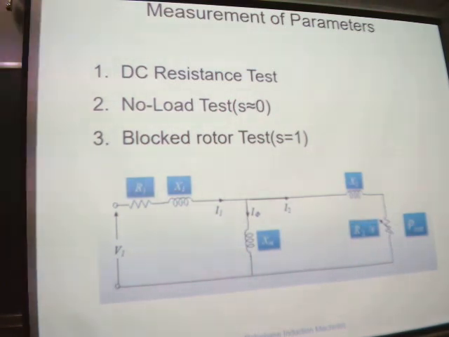So how to measure the parameters? Just three steps. One, measure the DC resistance. Second, we do the no load test, with S equal to 0. And third, the blocked load test. Just these three tests, and we can obtain the parameters.